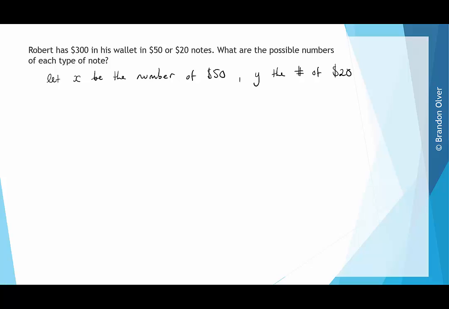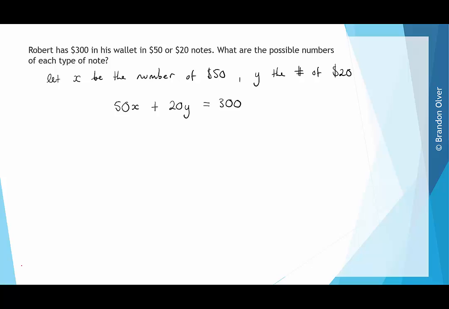So we can rewrite our linear Diophantine equation as 50 times x, where x is the number of $50 notes, that'll give the total value of the $50 notes, plus 20 times y, and we know that the total amount in his wallet is $300.